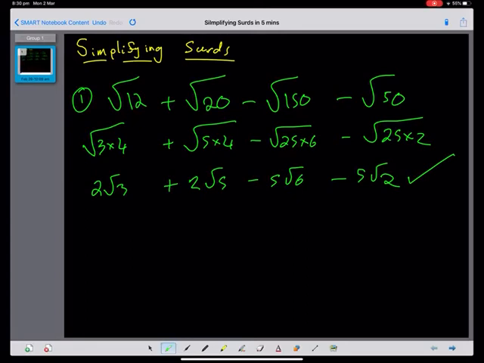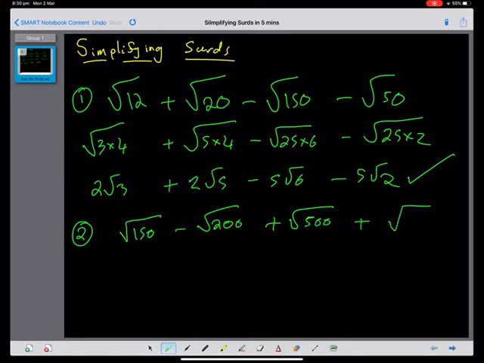Let's try one more. Let's simplify the root of 150 minus the root of 200 plus the root of 500 plus the root of 1500. Okay, hopefully you can recognize that this is 25 times 6. This is 100 multiplied by 2.